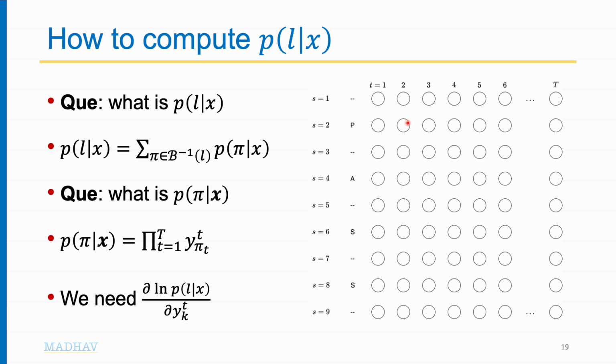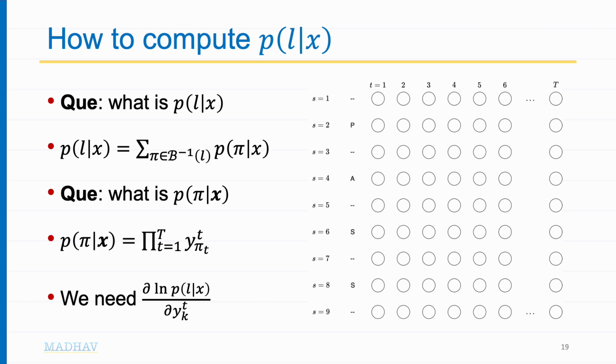The derivative of other paths will be equal to 0. So we only find those valid paths which lead to the label, those which pass through this neuron, and then differentiate their sum with respect to y_t^k.